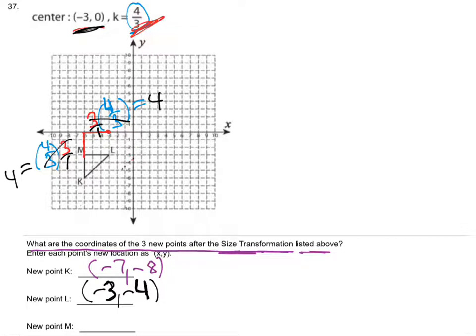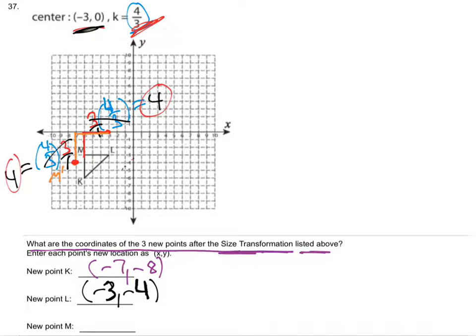We're going to go back 1, 2, 3, 4, down 1, 2, 3, 4. There it is. There's the new M prime, right? Let me put a dot right where it's at. See how I got that new point? So before, to get to the original M, it was left 3, down 3, but then I multiplied both those by 4/3, and it becomes left 4, down 4. So there's the new point M prime.